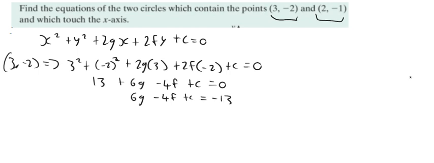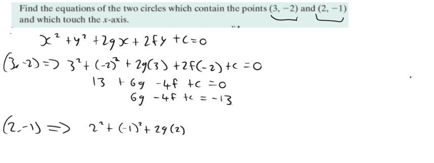And then if we sub in the other point, the 2 minus 1. So 2 squared plus minus 1 squared plus 2g times 2 plus 2f times minus 1 plus c is equal to 0.